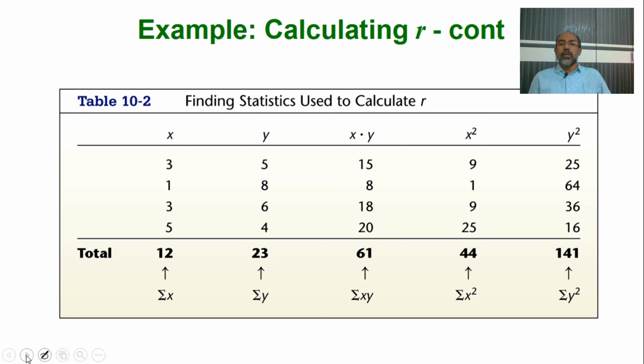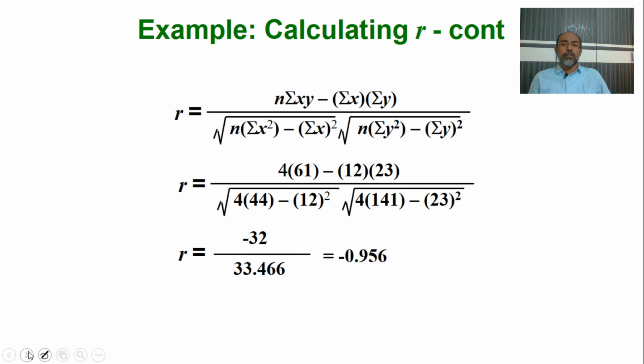So before this table, I will show the formula. We must write the formula first, then according to that you prepare the table. So n into sigma xy minus sigma x into sigma y, divided by the square root of n into sigma x square minus sigma x whole square, likewise n into sigma y square minus sigma y whole square.